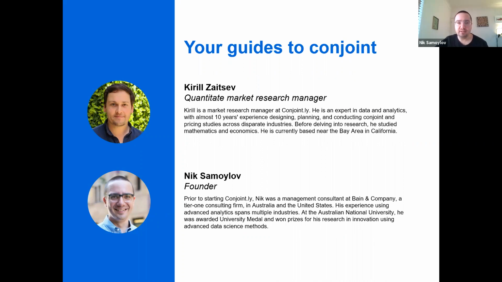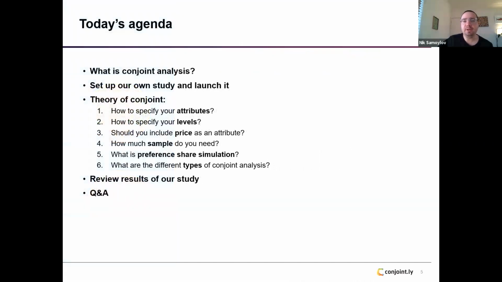Now, it looks like everybody has joined, so we can dive into talking about conjoint. Today, we're going to cover a few topics. First, we're going to talk about what is conjoint analysis. Then we're going to set up our own study and launch it. While we are waiting for respondents to come into that study, we're going to cover the theory of conjoint analysis.